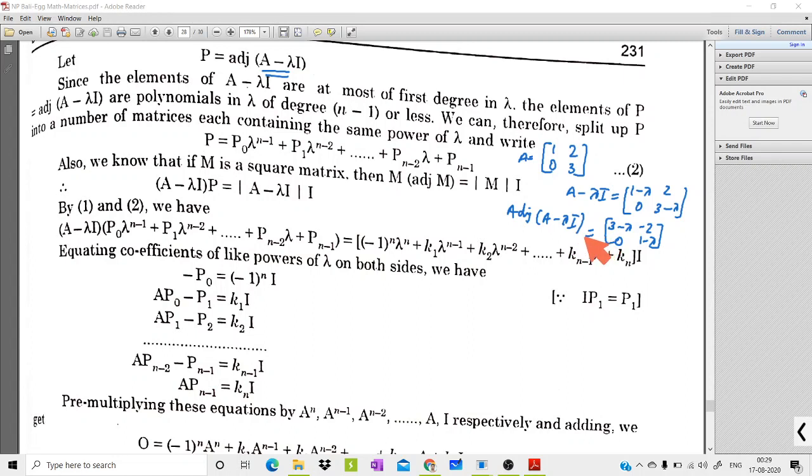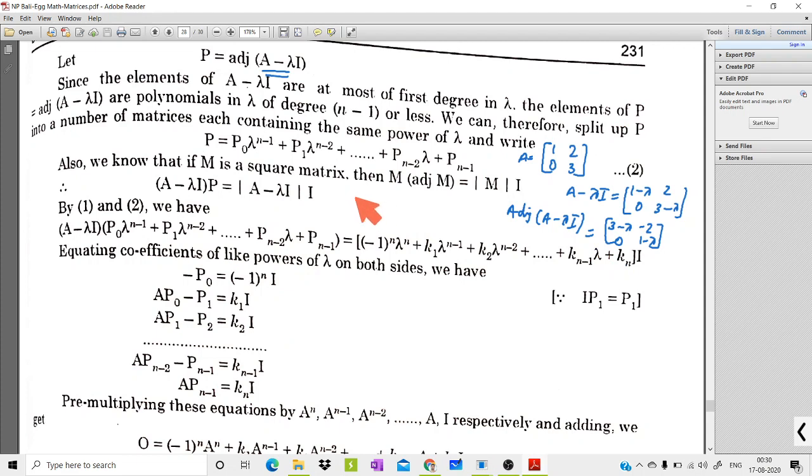Now this is our P. This P can be written as a sum of two matrices: 3, minus 2, 0, 1, plus a matrix in lambda: minus lambda, 0, 0, minus lambda.